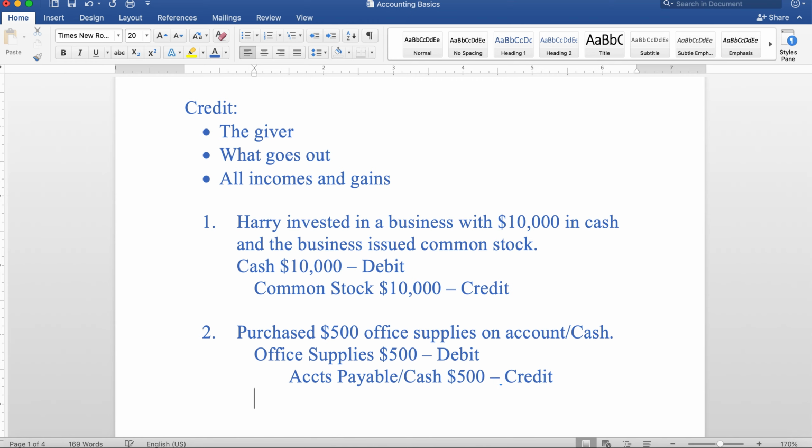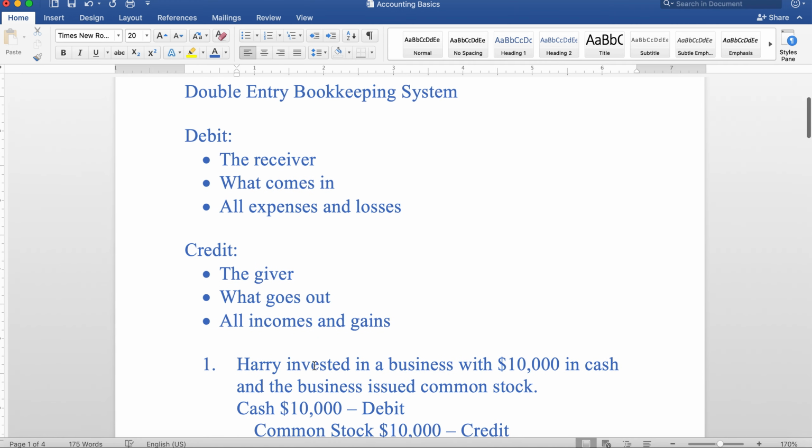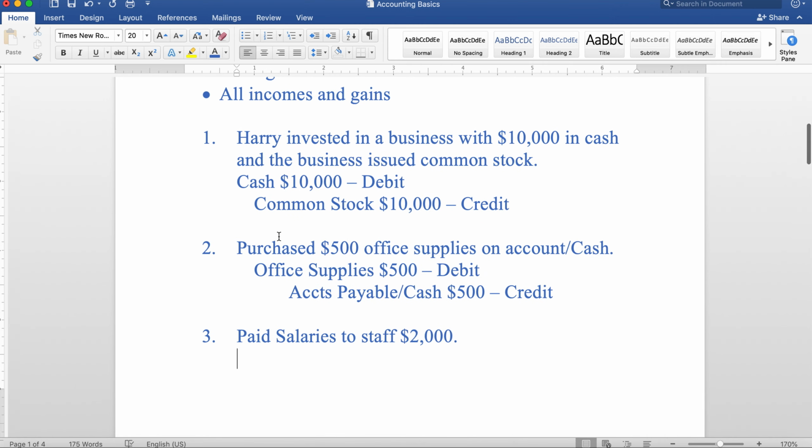Let's do one more example to identify debit and credit. Paid salaries to staff, $2,000. So over here, salaries are an expense. Since salaries are an expense, all expenses and losses are debit.